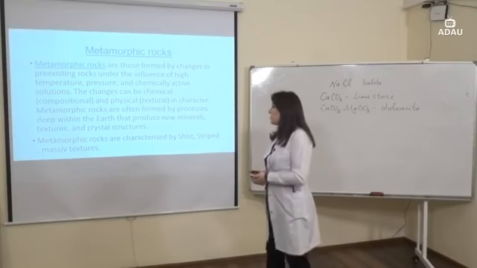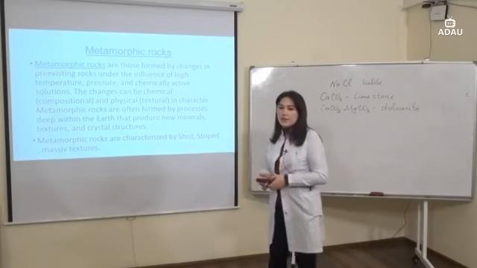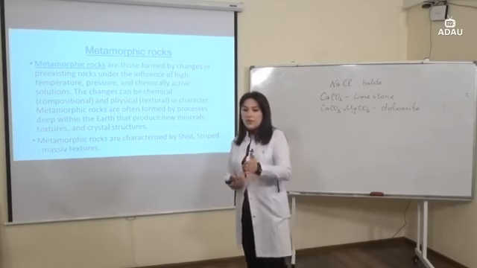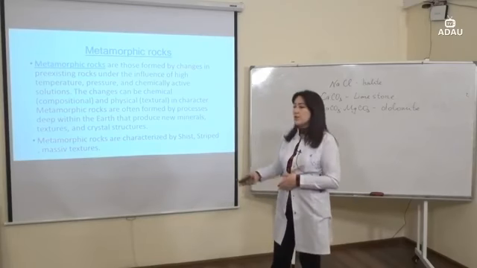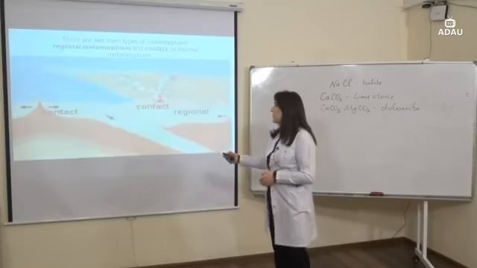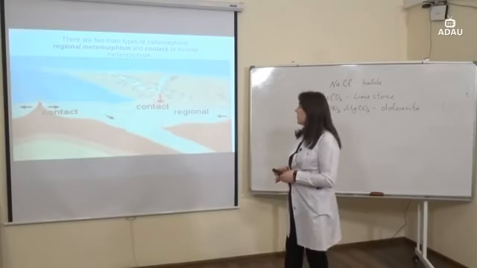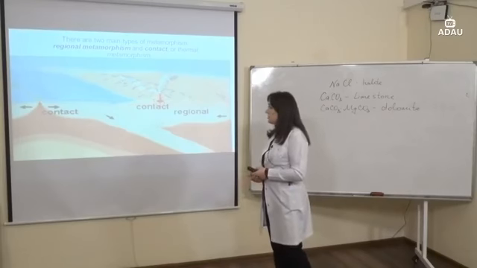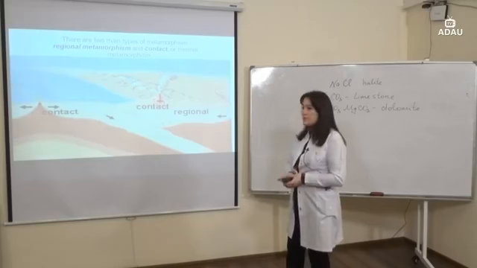Metamorphic rocks can be foliated and non-foliated. If you can see layers, it is foliated. If there are no layers, it is non-foliated textural metamorphic rock. There are two main types of metamorphic rocks: regional and contact metamorphism.